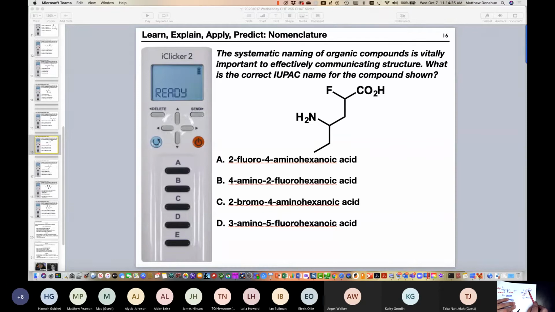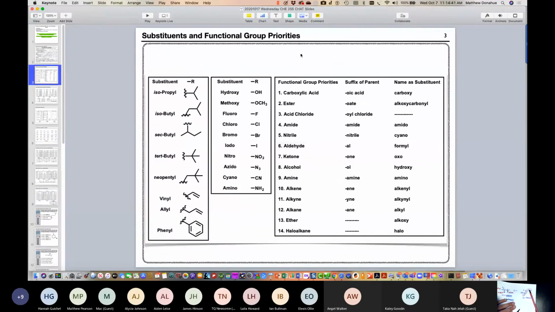And just like an aldehyde, a carboxylic acid always has to be at the terminal carbon. As such, it always has the highest priority. So let me go back to the slide. See now, carboxylic acid is the number 1 priority functional group.